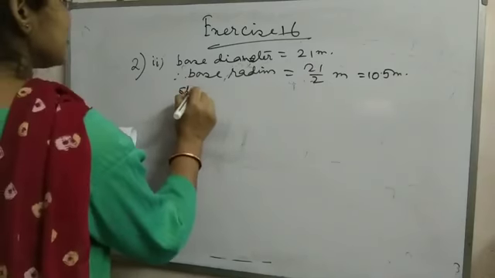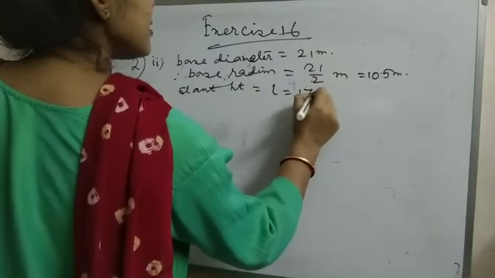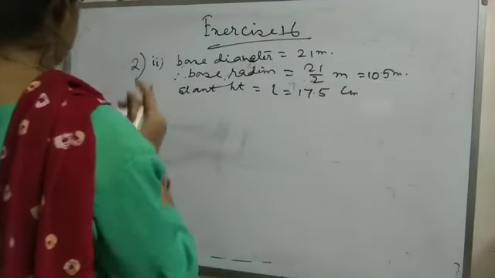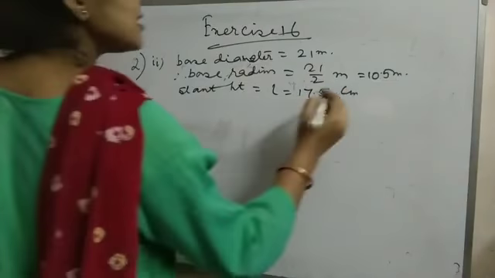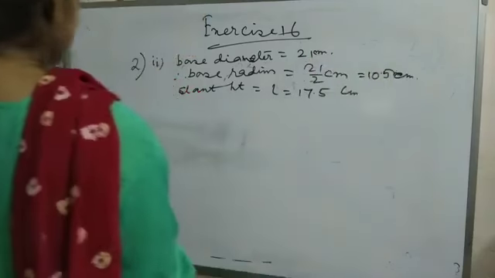Slant height L equal to 17.5 centimeter. This is centimeter and also centimeter.